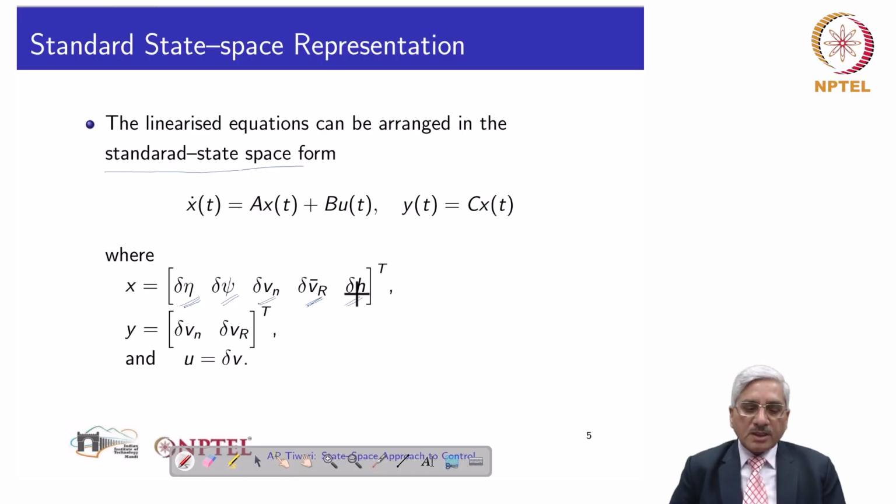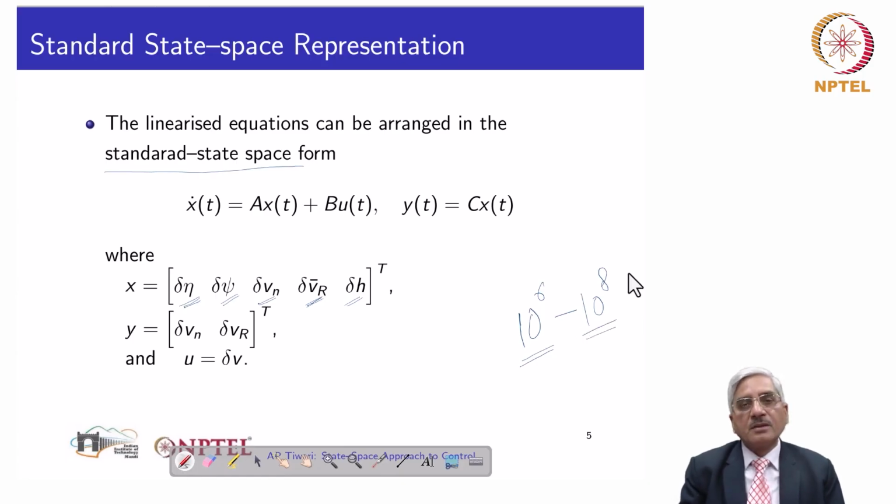So the neutron flux density in the reactor at startup is at least about 10 to the power 6 to 10 to the power 8, 6 to 8 decades, or by a factor of 10 to the power 6 to 10 to the power 8, less than the neutron density at the full power level.